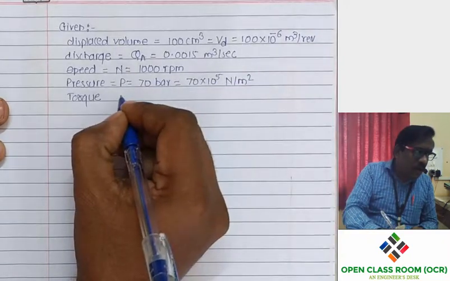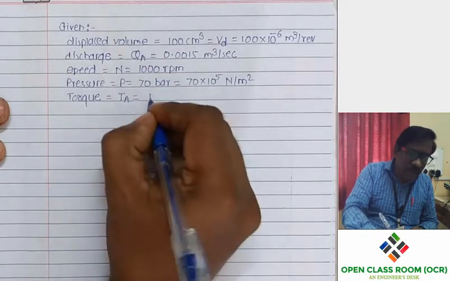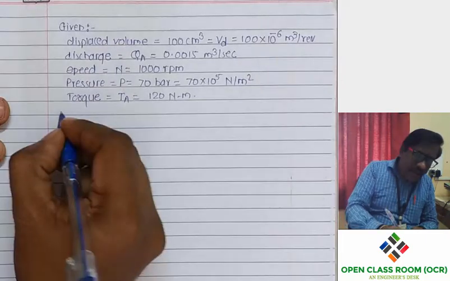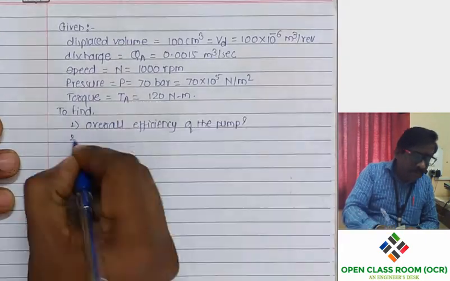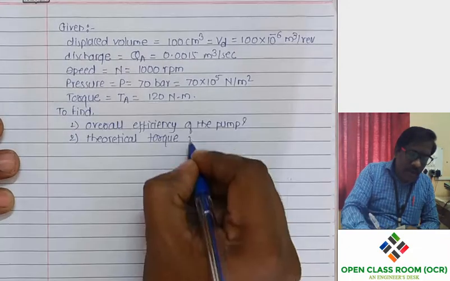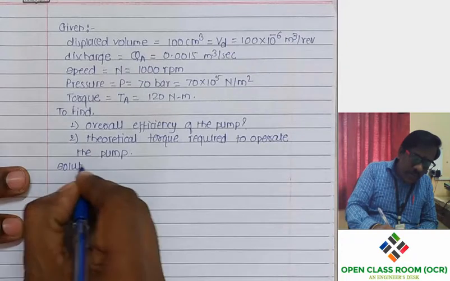The torque by the prime mover is the actual torque to the pump. It is 120 N·m. Now we have to determine, first, the overall efficiency of the pump, and second, the theoretical torque required to operate the pump. Let us find the solution for the given problem statement.